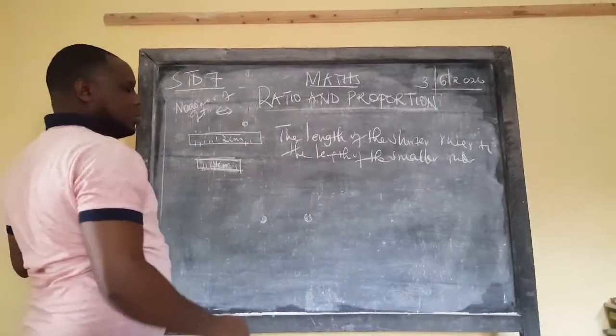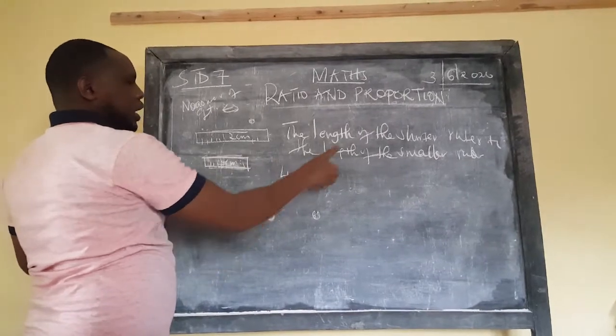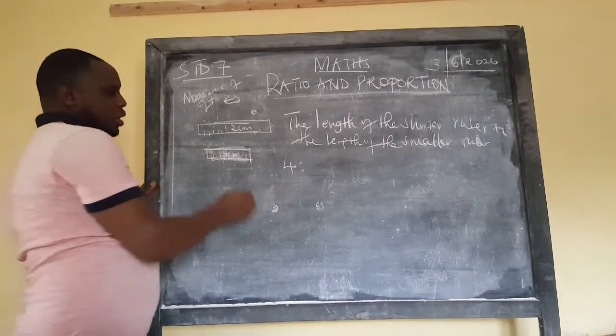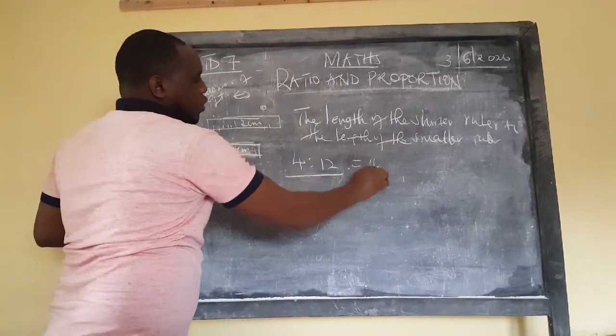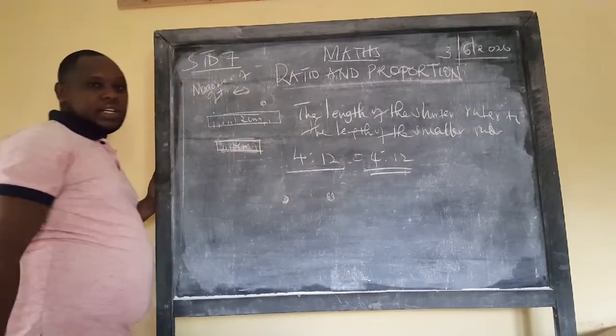The length of the shorter ruler is 4. "Is to" is written using those two dots. The length of the bigger ruler is 12. So the ratio is 4 is to 12. That is how we read that ratio.